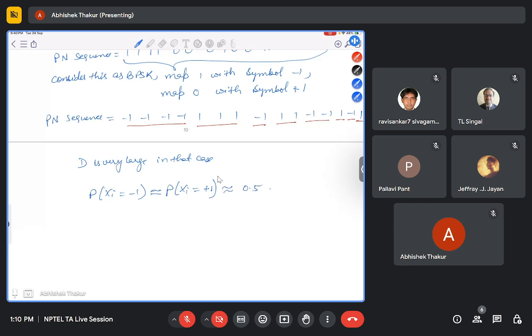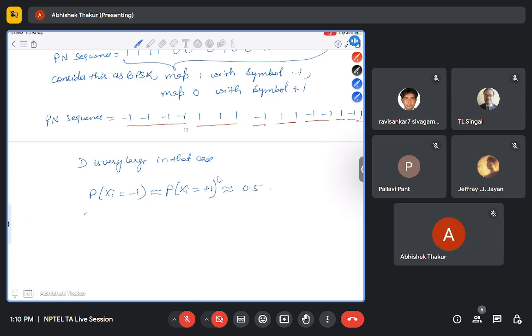So this property is known as the balance property: the number of minus 1 is nearly equal to the number of plus 1.